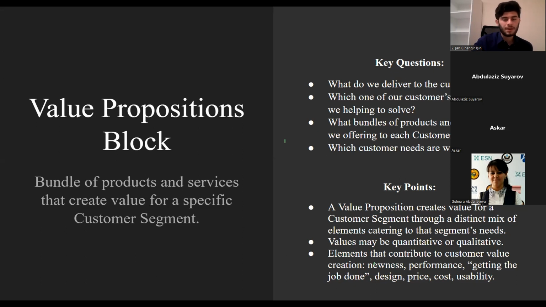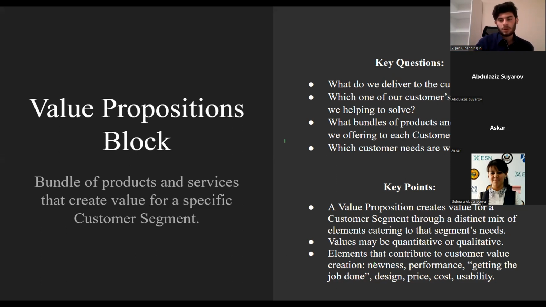Does it get the job done is one of the most important things, and it could make a difference through the design, through the price, through the cost, through the usability. For example, there can be a solution that's looking pretty good, but it may cost a lot to produce or to serve. And the addition you create could be a much more low-cost solution.